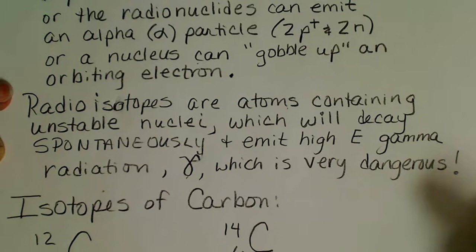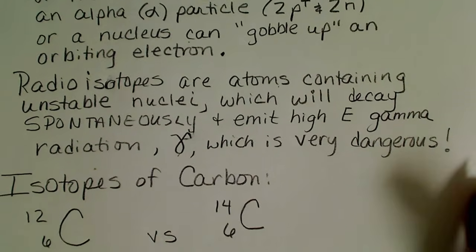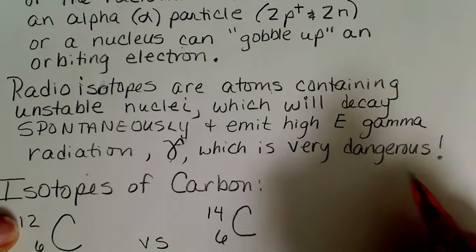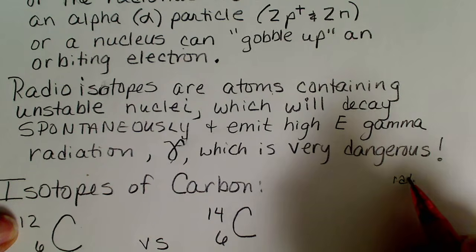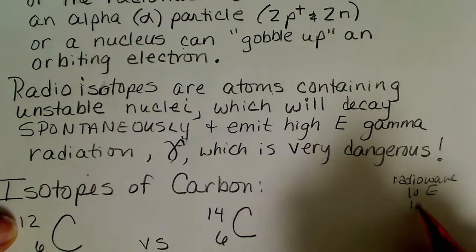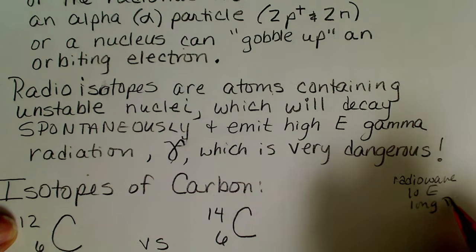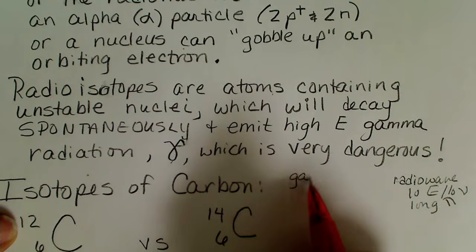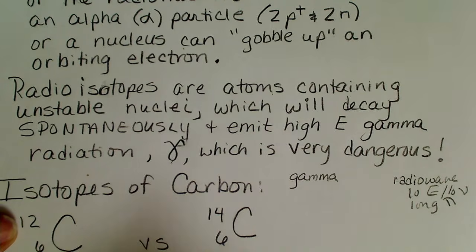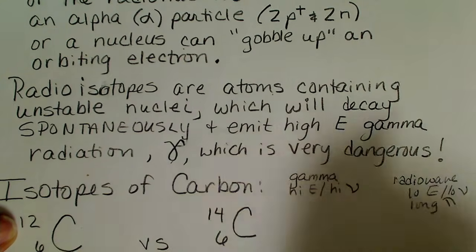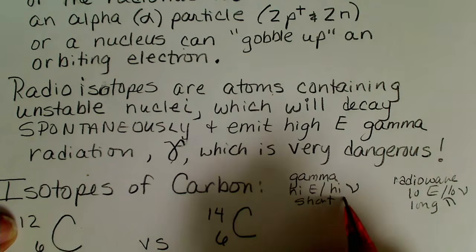If you recall from looking at the entire electromagnetic spectrum, radio waves are on one side of the spectrum. These are low energy, long wavelength, and low energy means low frequency. So radio waves are not dangerous. Gamma rays are on the other side of the electromagnetic spectrum. They're very high energy because of the high frequency values and very short wavelength.